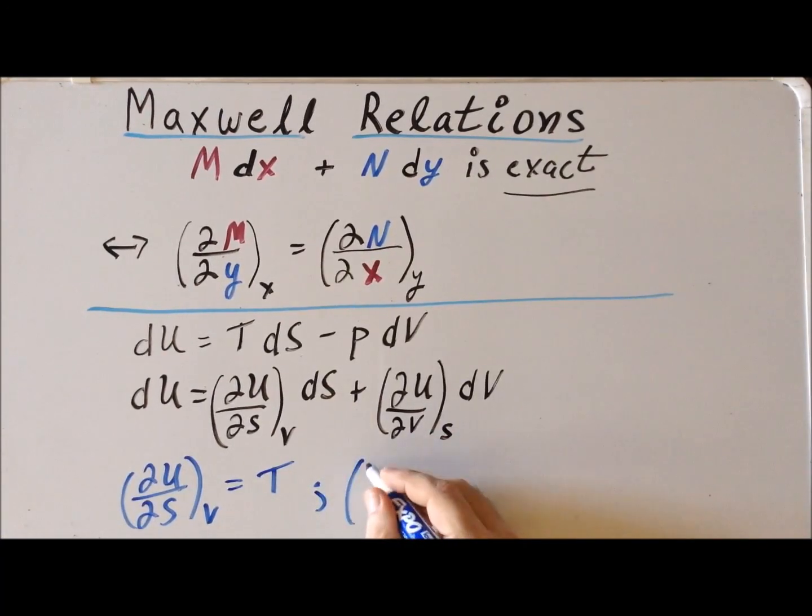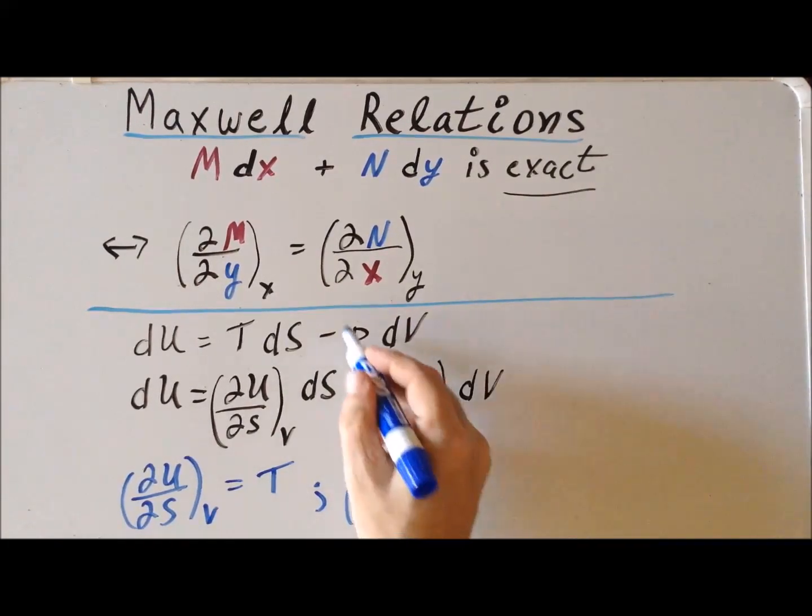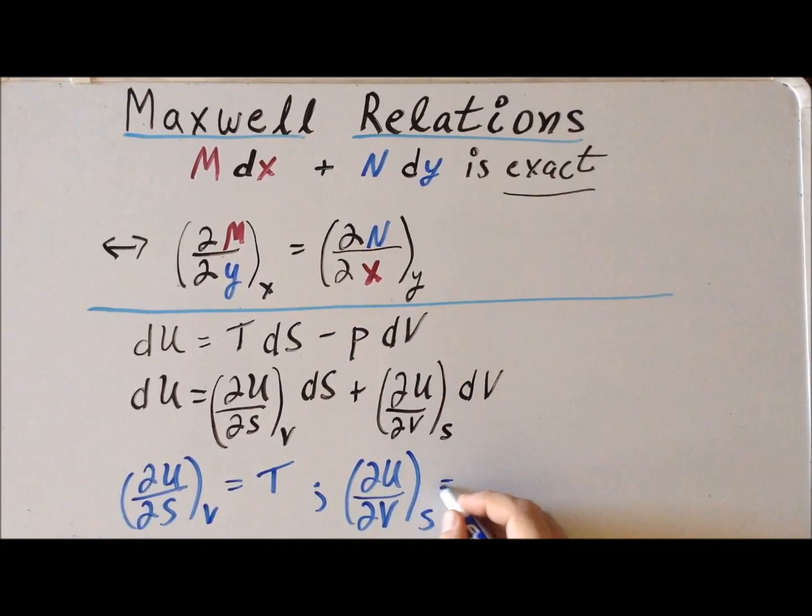Similarly, the change in the internal energy with respect to the volume at constant entropy has to be equal to the coefficient, minus P. So these things we've done before, but now we're going to apply this idea about exact differentials to derive further relationships.